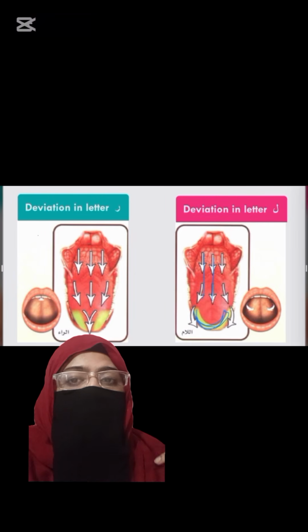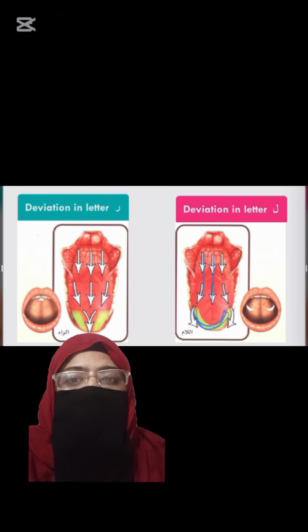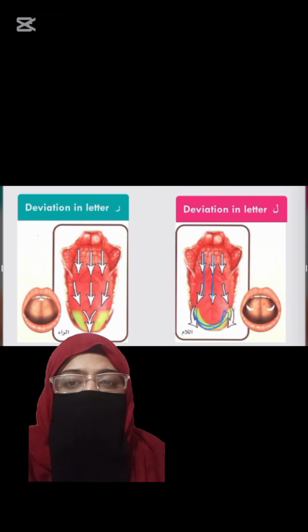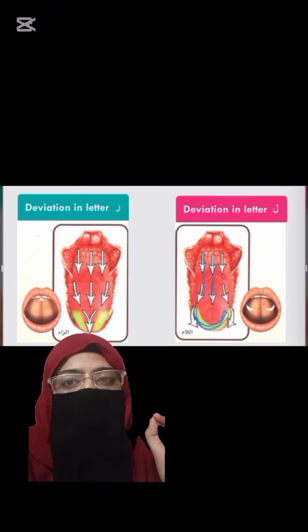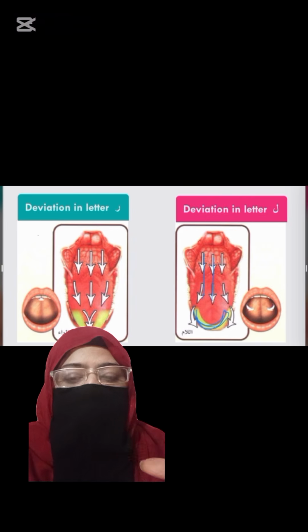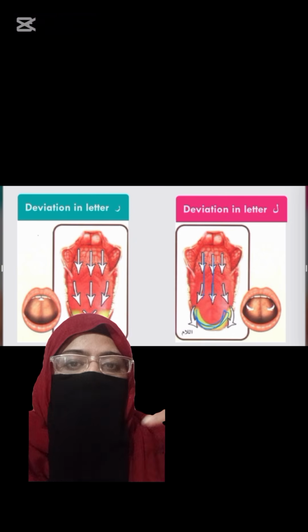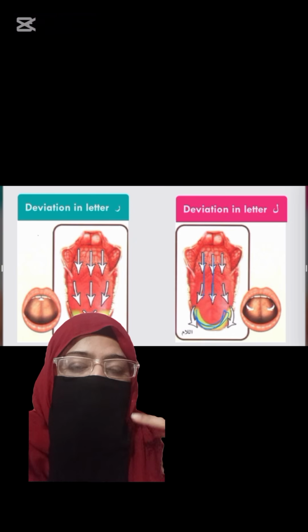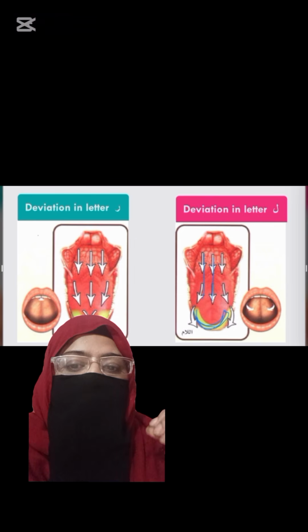Let's talk about the common mistakes. There are several mistakes that you should avoid. Listen to me carefully. Number one, wrong tongue position. If you touch anywhere else, you are not pronouncing these letters correctly. People use the wrong part of the tongue side, which can change the sound.